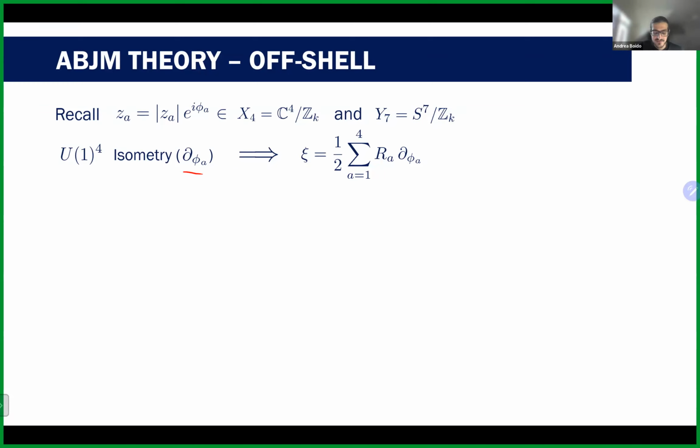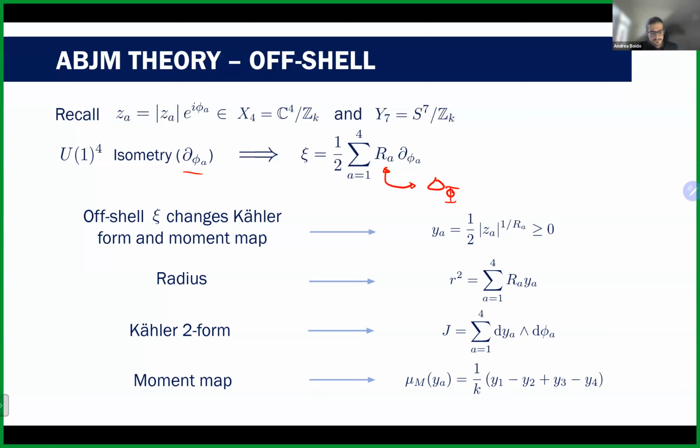You just consider a linear combination of these U(1)^4 isometries, with parameters which I'm calling R_A. And these will be directly related to the delta phi in field theory. I'll tell you the precise identification later.